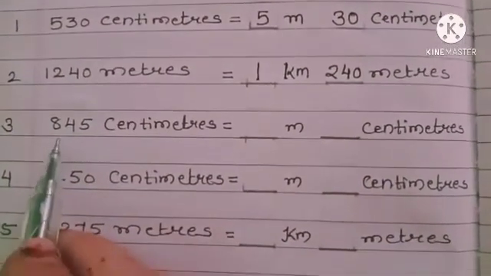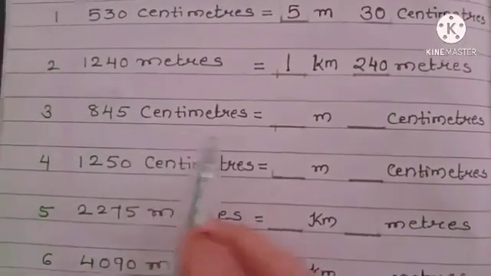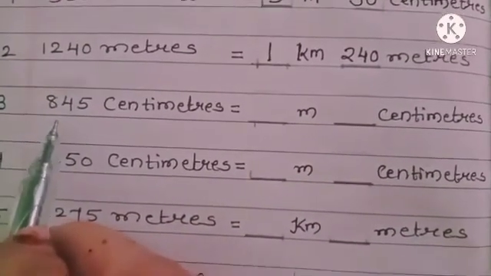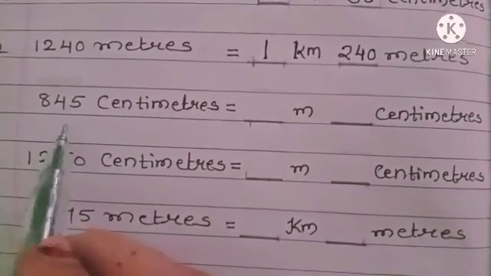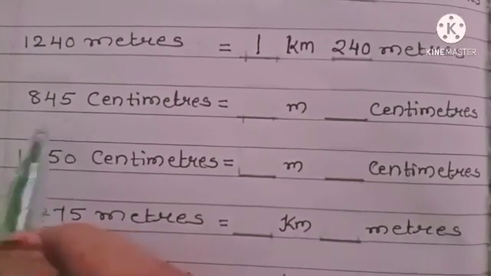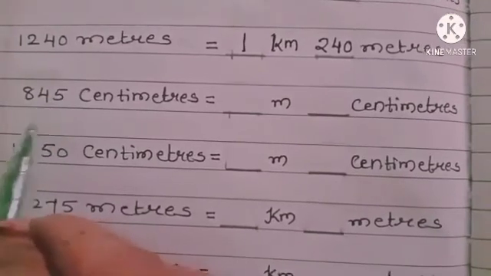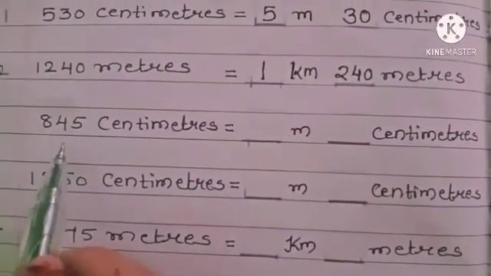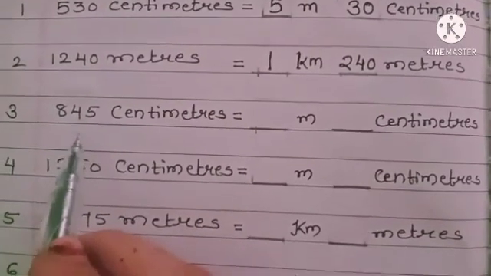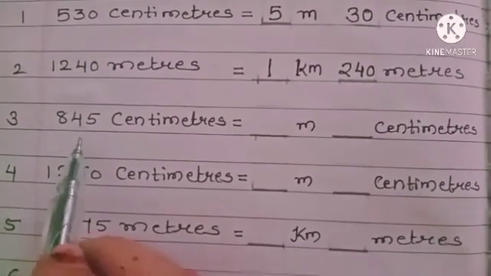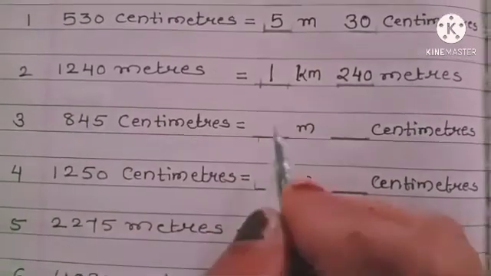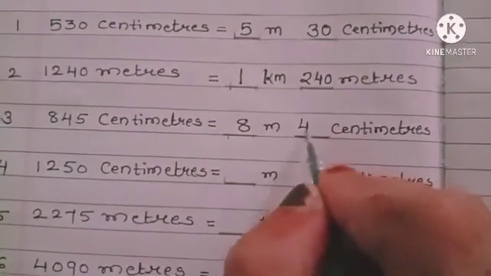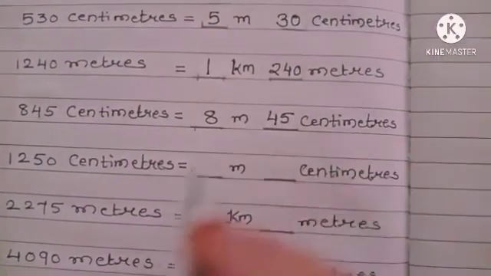Next is given 845 centimeters. So see again, if we separate this, it will be 800 centimeters plus 45 centimeters. So 800 centimeters is equal to how many meters? 8 meters, because 100 centimeters is equal to 1 meter. Therefore 800 centimeters is equal to 8 meters. So we will separate this 8 meters from this and remaining is 45 centimeters.